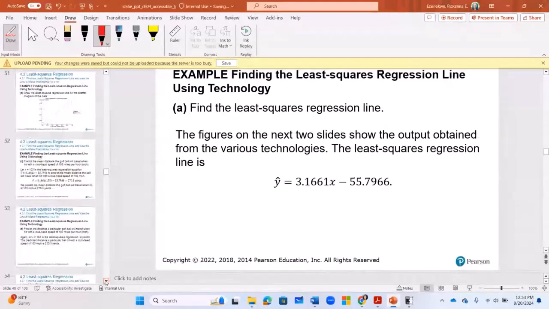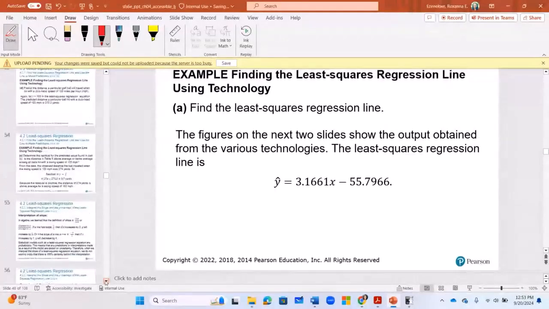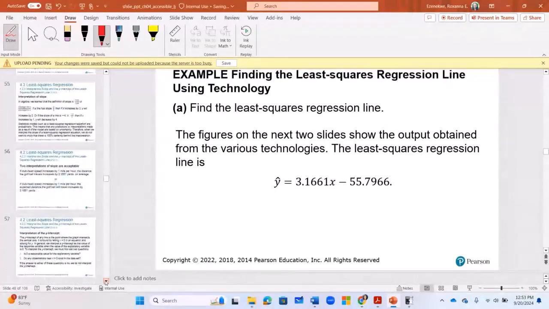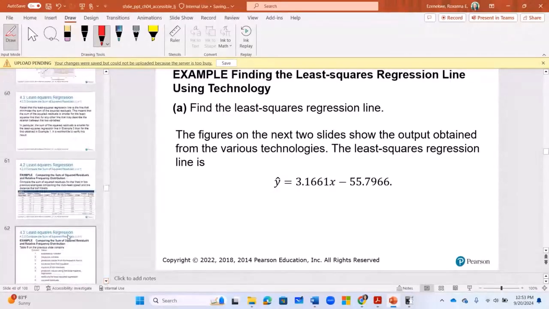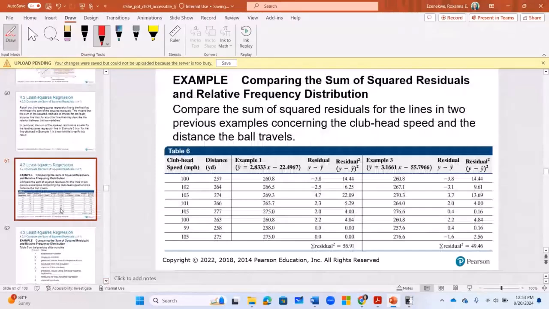By the way, if you have 20 questions and you decide to do it by hand, that's going to be a lot, and I don't really want you to make a mistake. So we can be told to calculate the residual for each and every point.